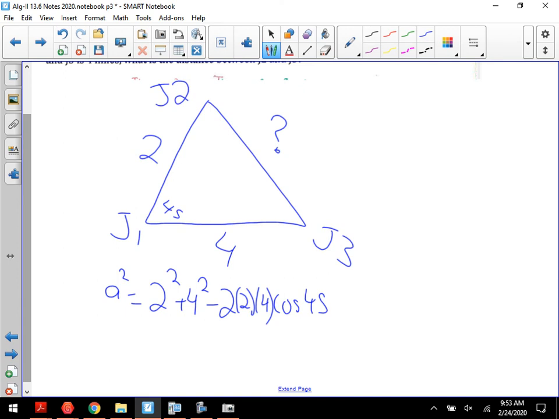You have to use law of cosines before you can use law of sines. And I get this crazy number, 8.69. The angle and the side opposite each other are what matter. The other two are just arbitrary in the middle.